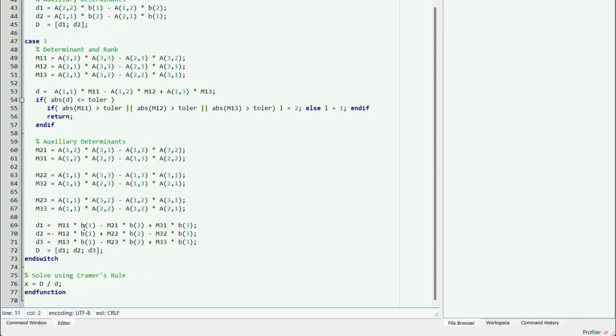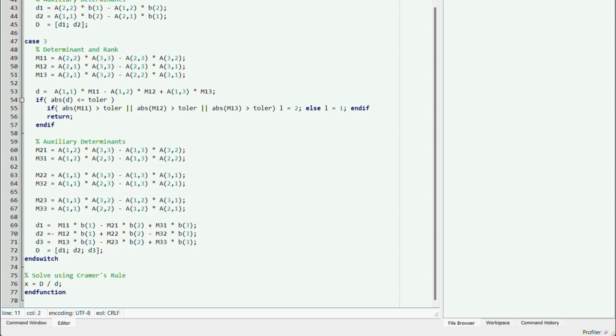You can see here, this is the inner product of B, B1, B2, B3, the components of B, with the adjugate matrix. This is the adjugate matrix. Here we have calculated the minors and combined them with vector B to calculate the auxiliary determinant.